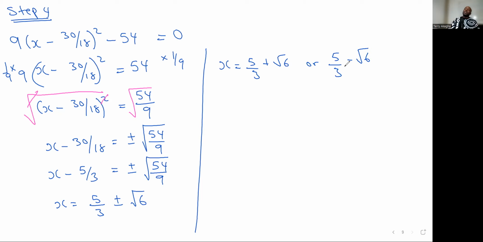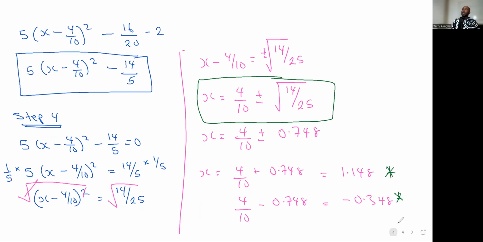In some cases, you can leave this as a decimal if the question wants you to do that, and that will be 4.116, and this is going to give you minus 0.783, and that's how you do it. Is that okay? All right, and that is that for how you solve when a is not equal to 1.